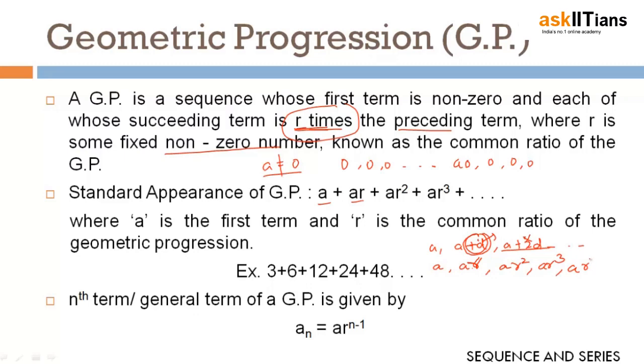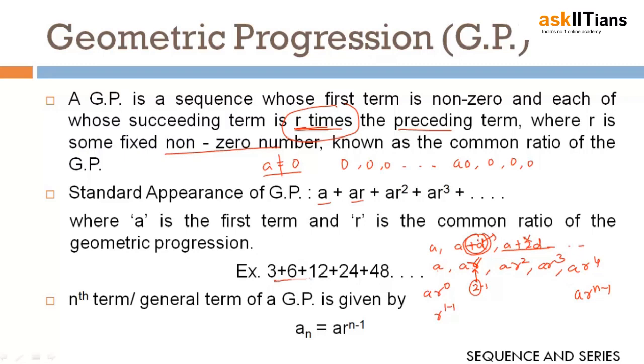If we write the terms in terms of place value, this will be a into r raised to power 0. Can I write this as 1 minus 1? This will be 2 minus 1, where 2 refers to its position. So for the nth position, the general term will be a r to the n minus 1.